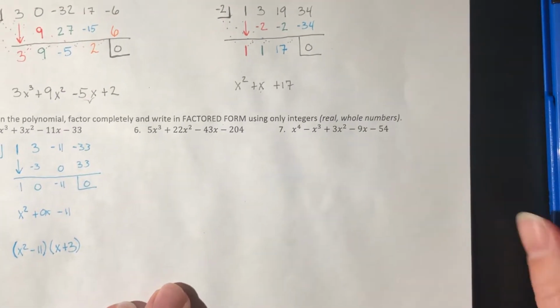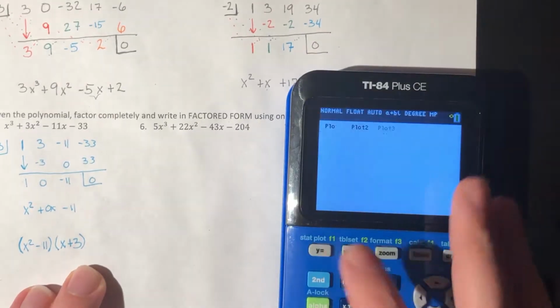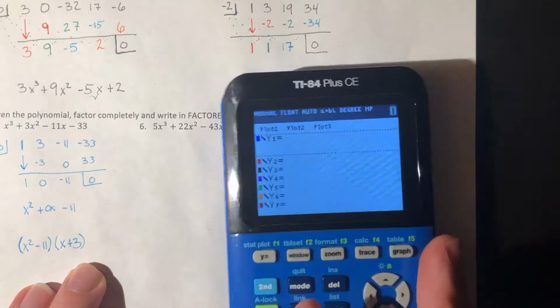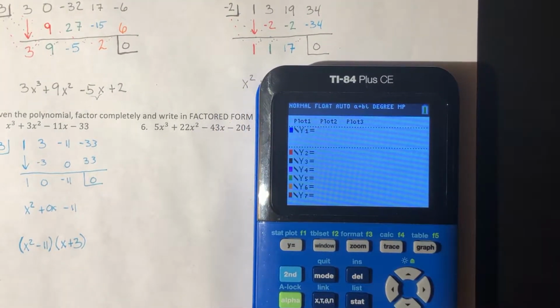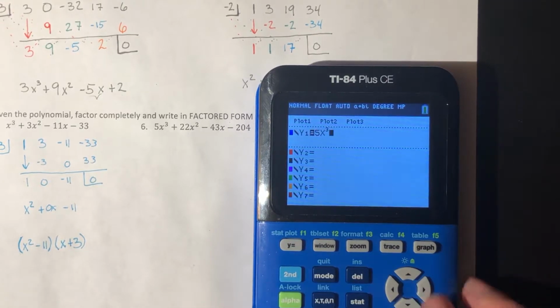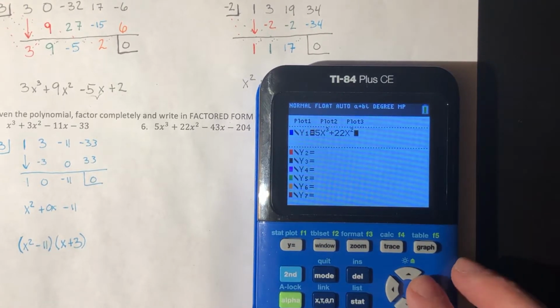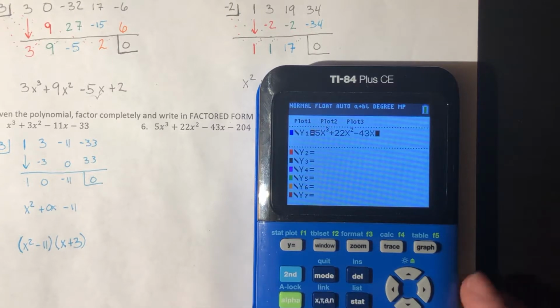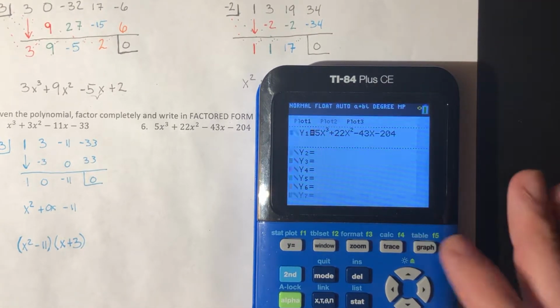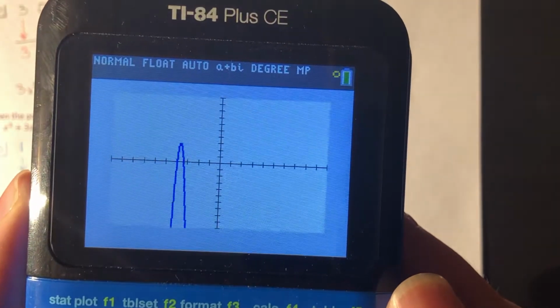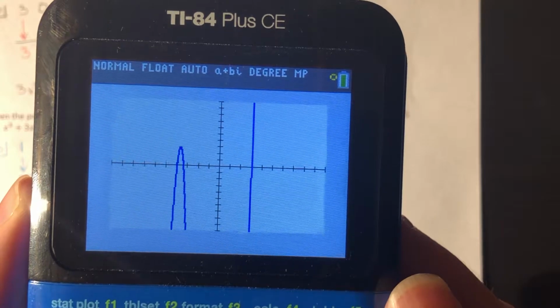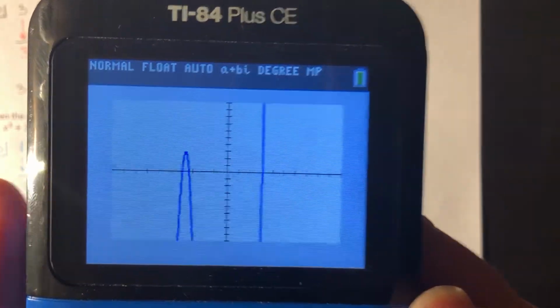Okay, looking at number 6, once again, you're going to put this into the calculator. So you're going to put in 5x cubed plus 22x squared minus 43x minus 204. And you graph it. And here's our graph.